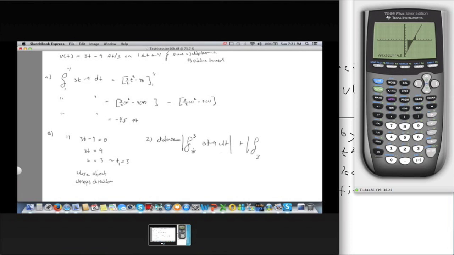So if we started at 0 and we got to 3, the final time was negative 1.5.